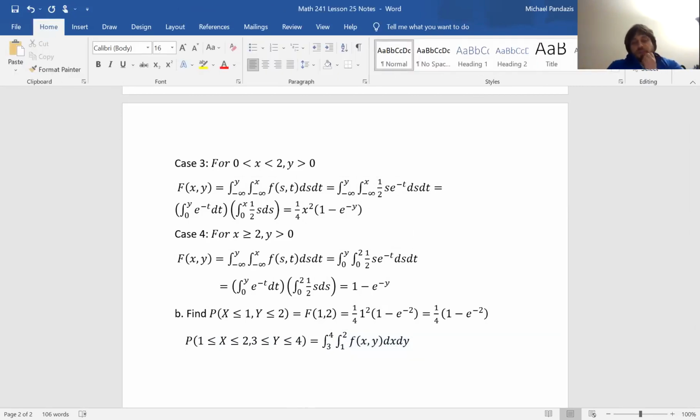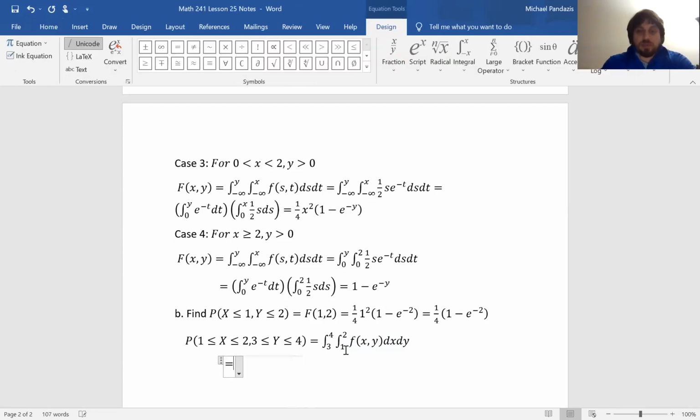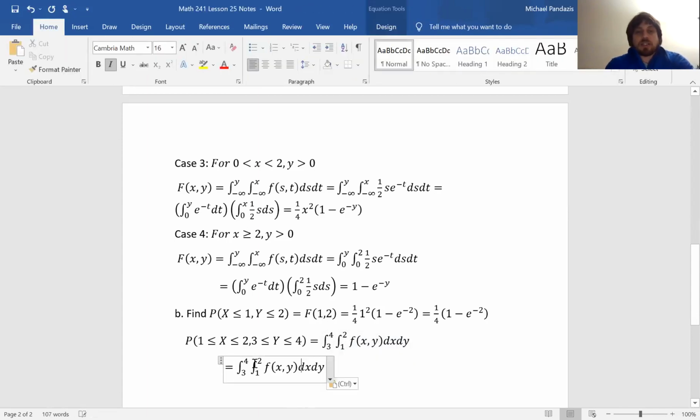And so then we have this integral, and it's now our f. So our little f function is 1/2 x e to the negative y.